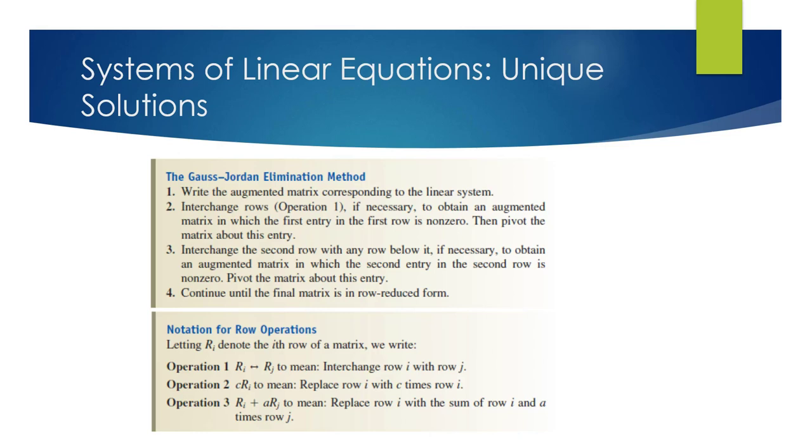And this last one's very important too. If I have row i plus a multiple of row j, it means I'm replacing row i with the sum of row i plus that multiple of row j. And it doesn't have to be consecutive rows. I could take the first row and add a multiple of the fourth row, or whatever it may be.